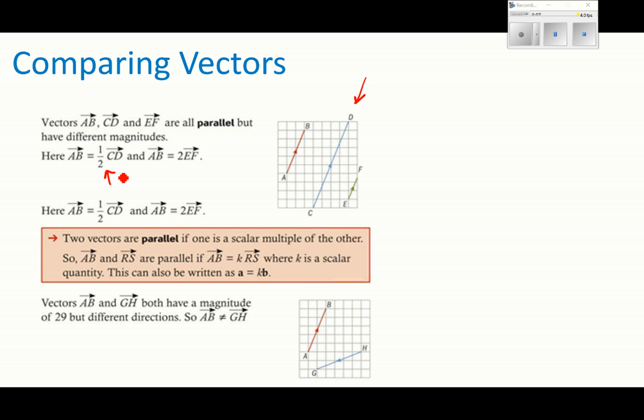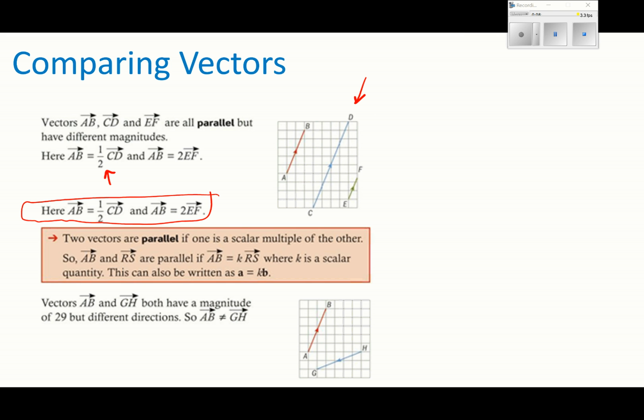So this is saying 1/2 of CD is equal to AB. Think of it, CD is twice as long. If you took half of it, you would get AB. Now AB equals 2EF, meaning if I take twice EF, we would get AB. So then we could rewrite these and say AB is equal to 1/2 CD and AB is 2 times EF.